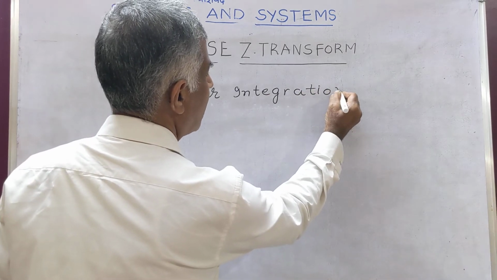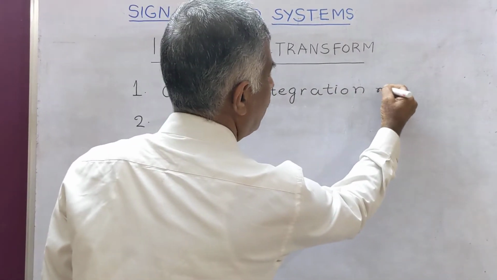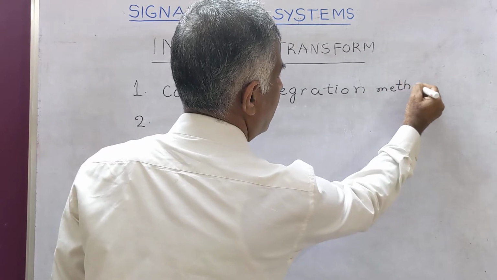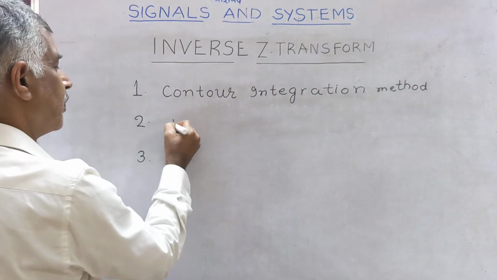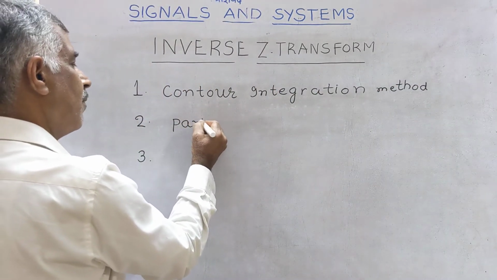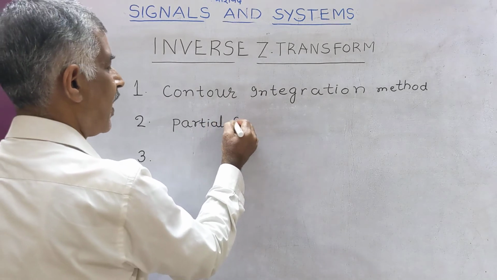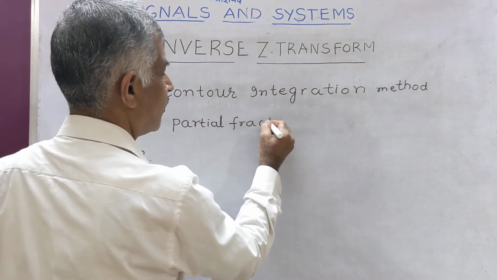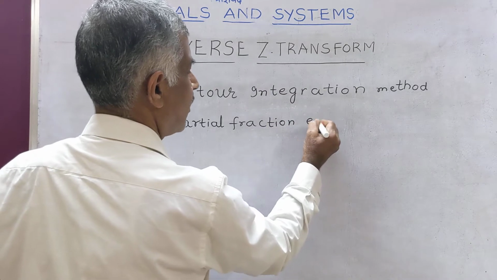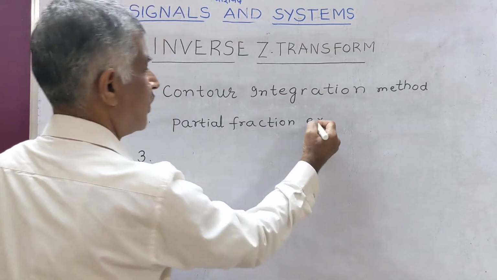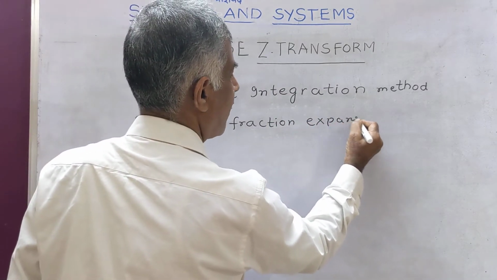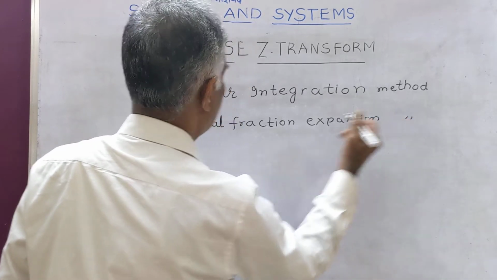The second one is what is called partial fraction expansion. This is the second method.